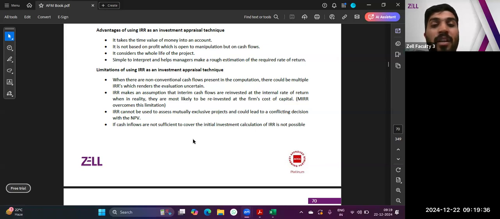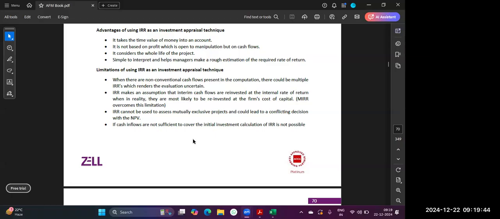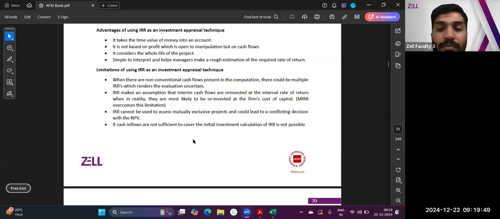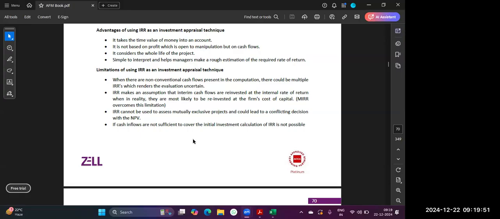Now, IRR cannot be used to assess mutually exclusive projects. Do you know what you mean by mutually exclusive? A mutually exclusive project is one where the two projects cannot both be taken on, they are totally different projects.